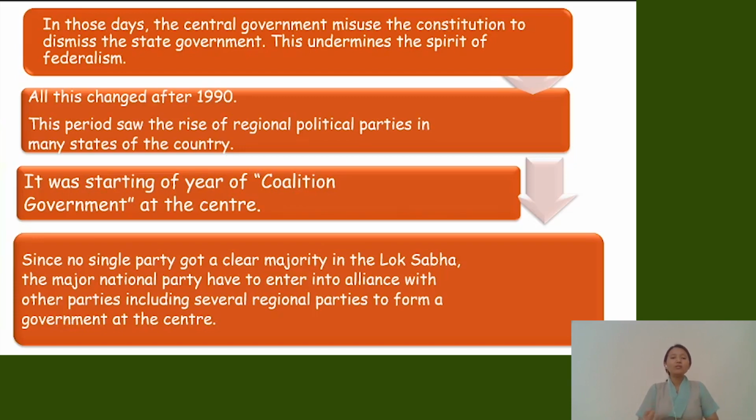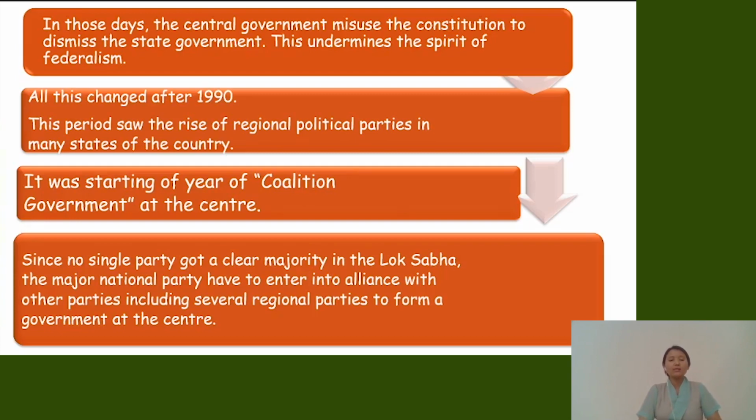So because of the rise of regional political parties in many parts of the country, it led to a coalition government at the center. Since no single party got a clear majority in the Lok Sabha, the major national party had to group with other parties, including several regional parties, to form a government at the center.